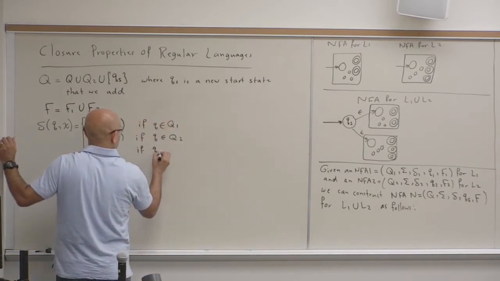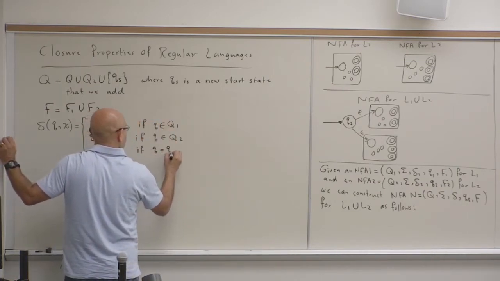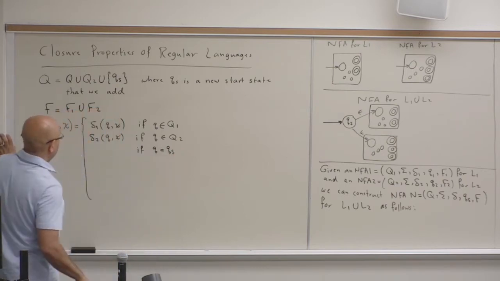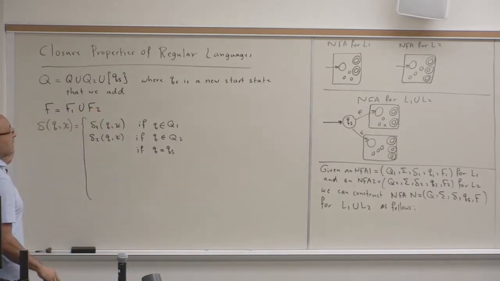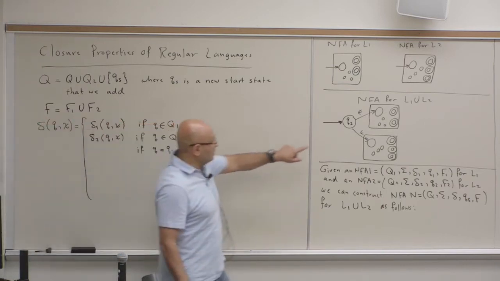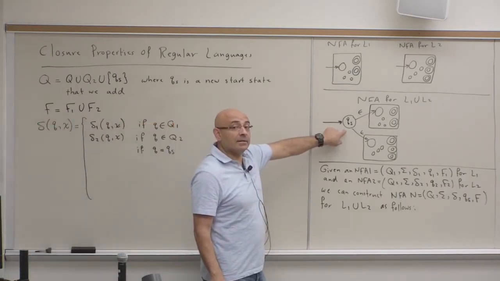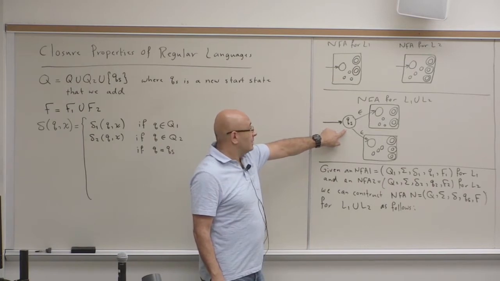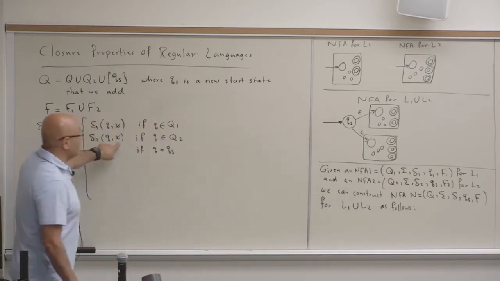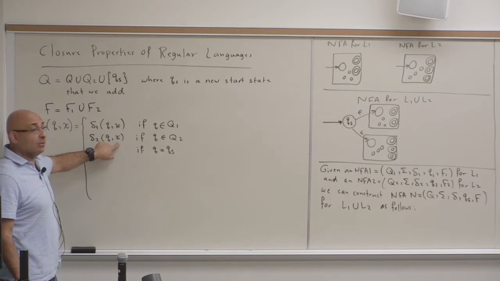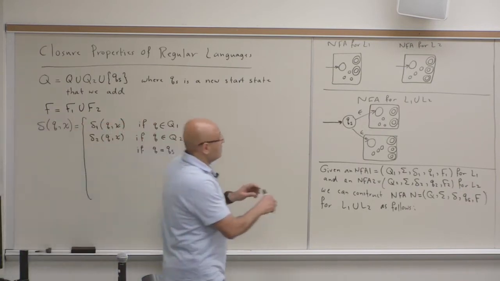If Q equals QS, Q sub S, then what should the transition be? What are the transitions for QS? If X equals epsilon, what are the transitions? Where do we go?